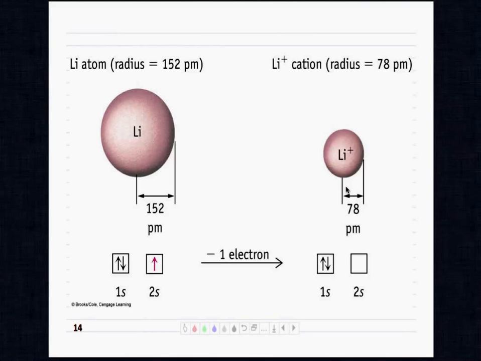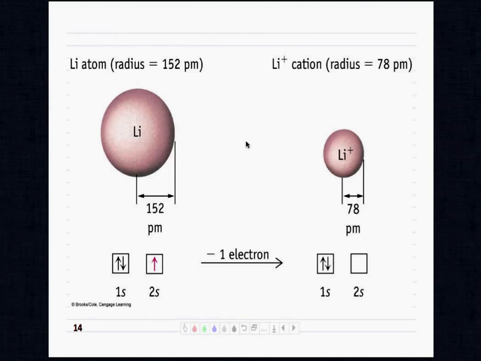If I'm comparing lithium and lithium plus, which one would have a bigger radius? It is clear here that the lithium atom will have a bigger radius than lithium plus. Why? Because if you look at the electronic configuration, lithium has 2s1, so it has the 2s subshell filled.